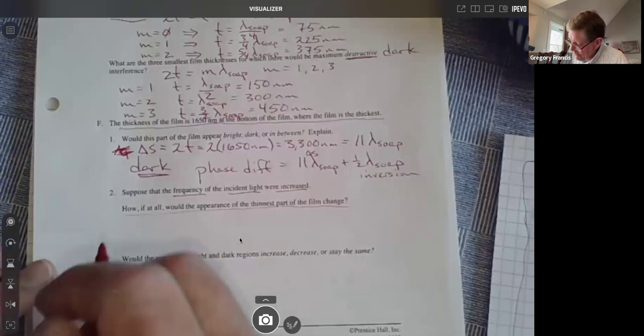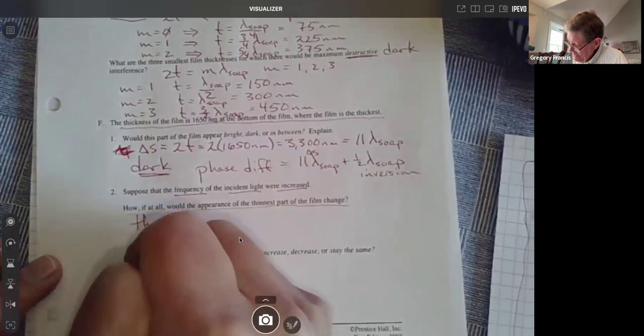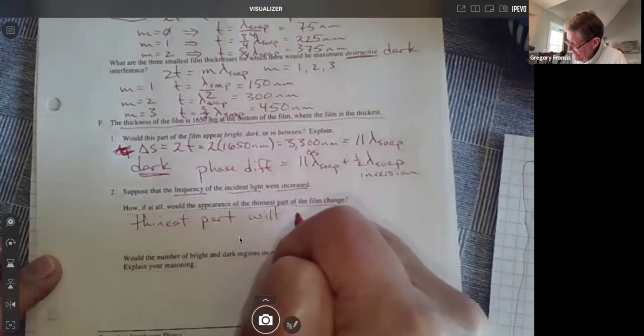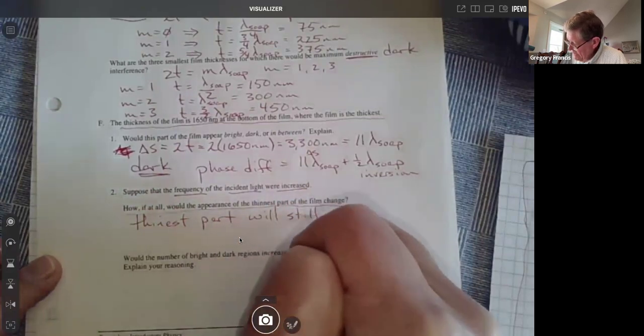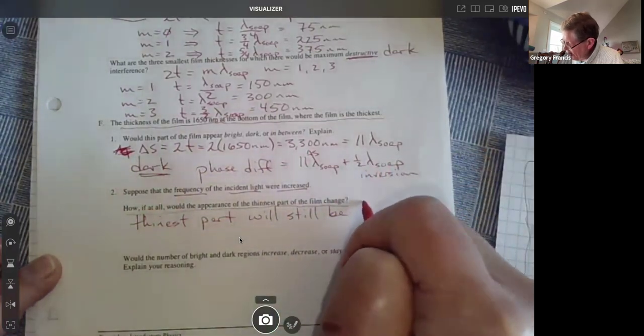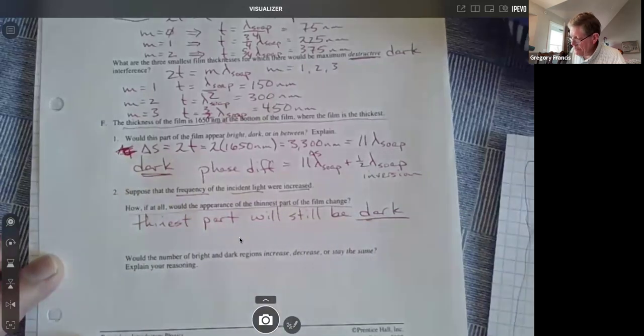And so the thinnest part will still be dark, but it won't be as wide.